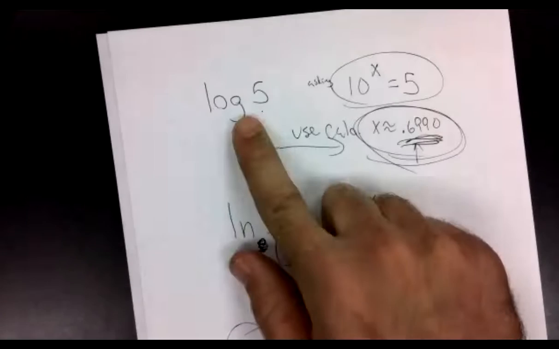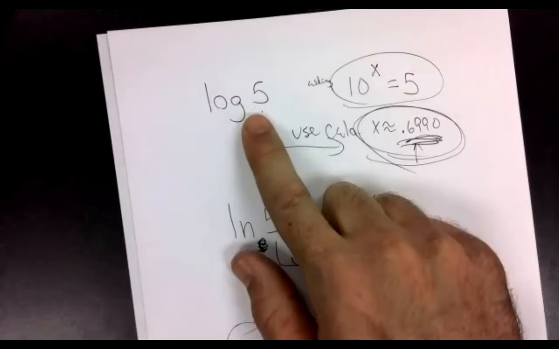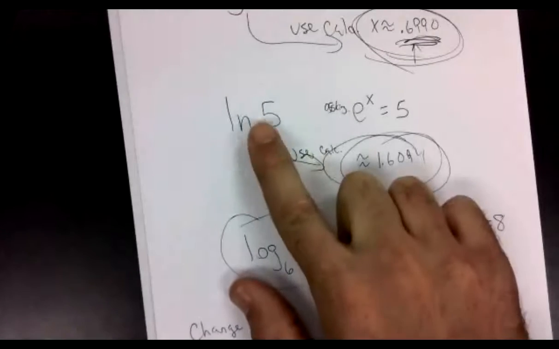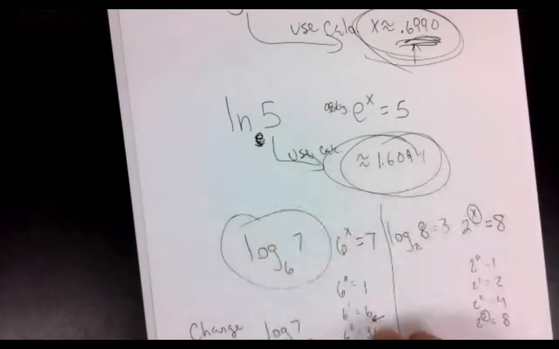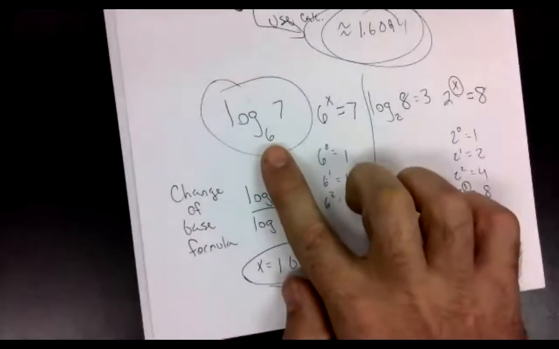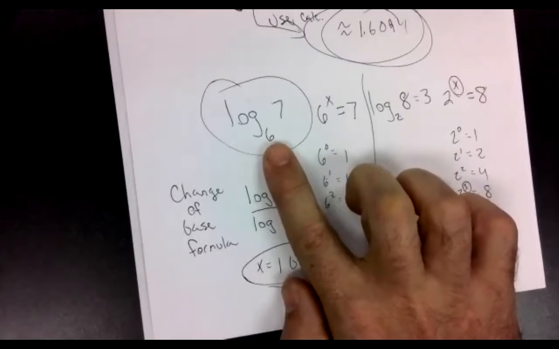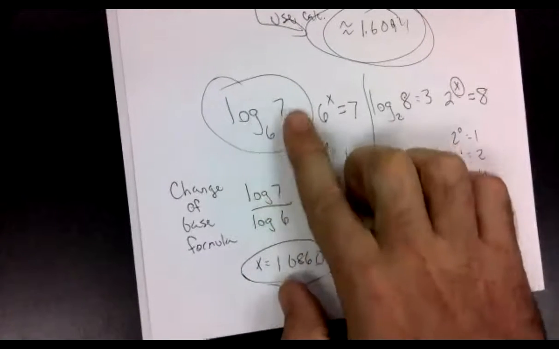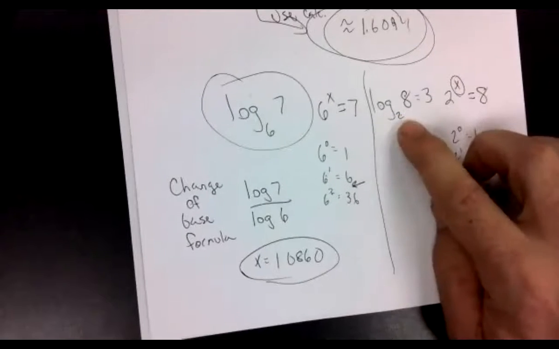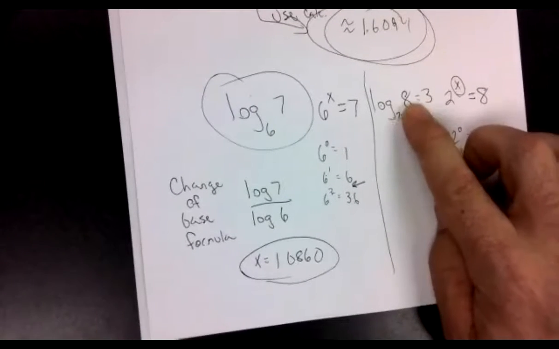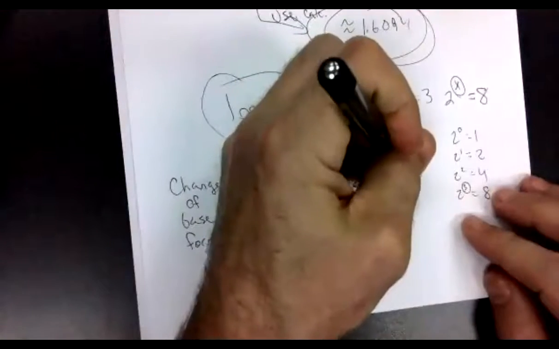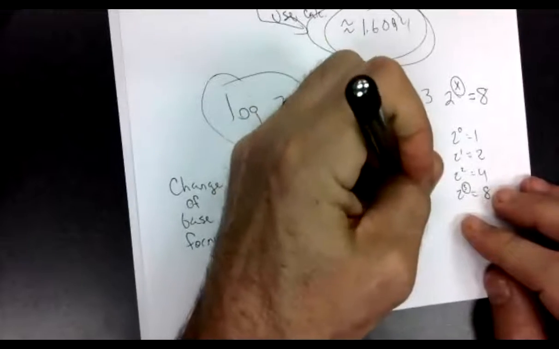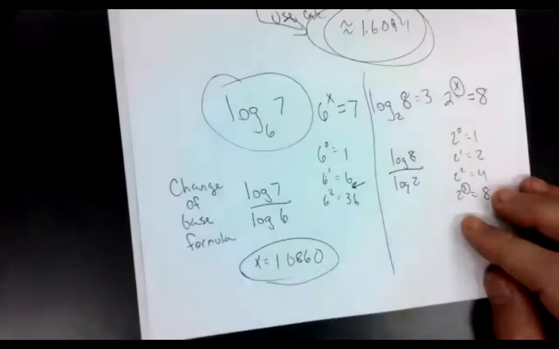So you should be able to evaluate a basic logarithm with no base. You should be able to evaluate a natural log. And then you should be able to evaluate a log with a different base number. So log sub 6, or like log sub 2 of 8. So again, if we were doing this problem, we would do the log of 8 divided by the log of 2.